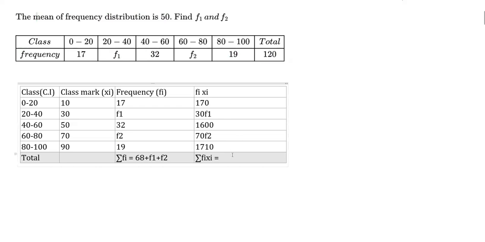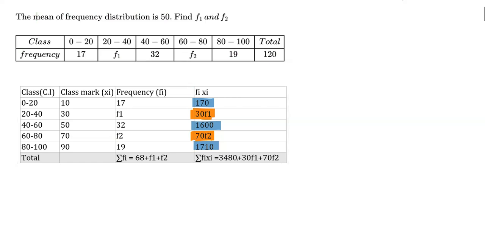Below, we'll be adding these numbers. Make sure you do not add these terms with the variables; this will be written separately. Now adding the remaining values, I mean 170 plus 1600 plus 1710, will give you 3480 plus 30 times F1 plus 70 times F2.